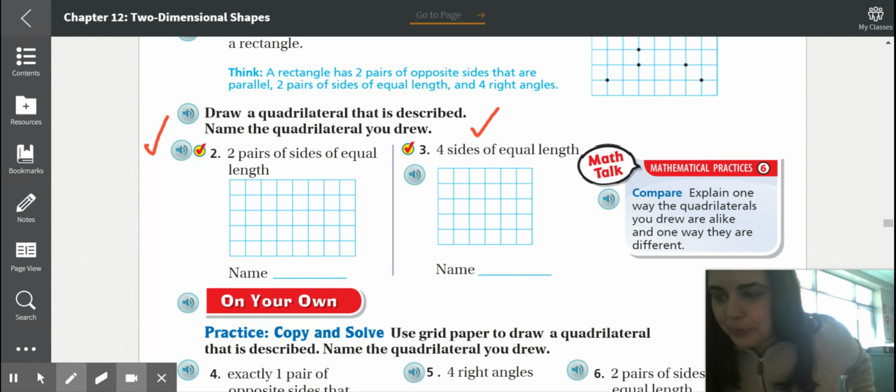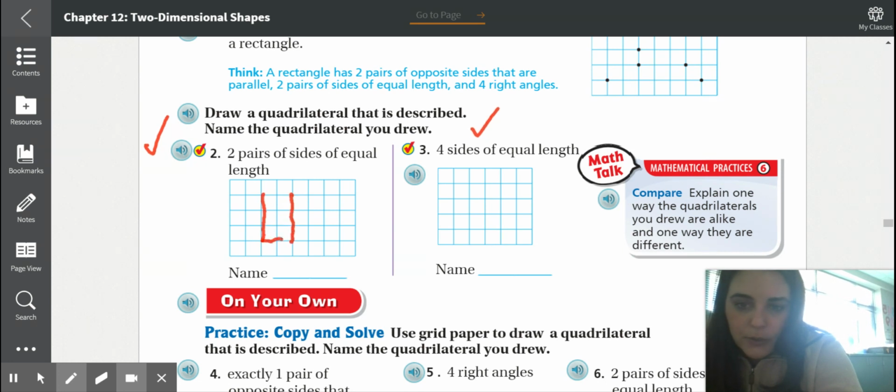Okay, so number 2. 2 pairs of sides of equal length. Okay. Let's see. This side could be 3, and this could be 3, and then the bottom is 2, and the top is 2. So that would be a rectangle.